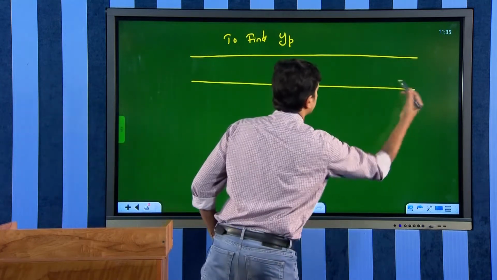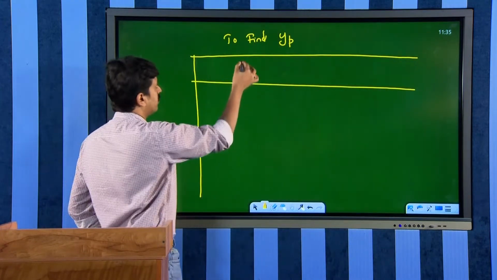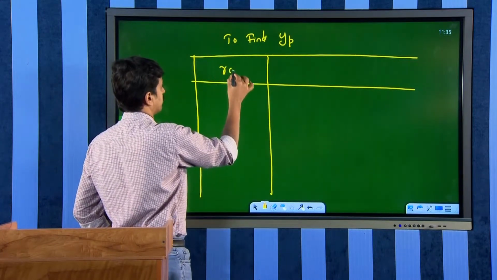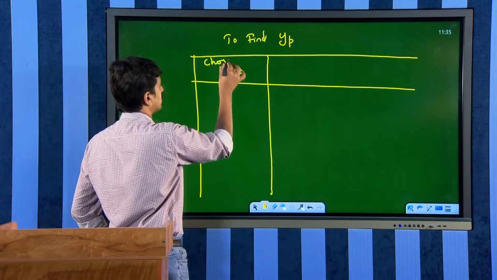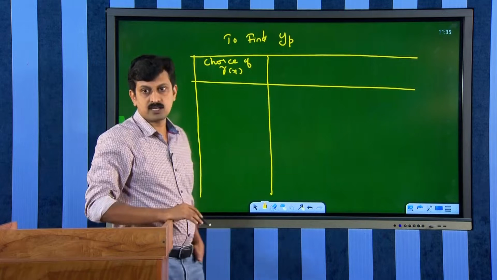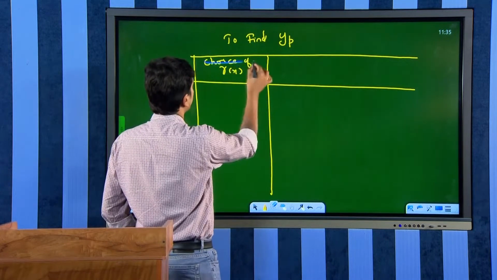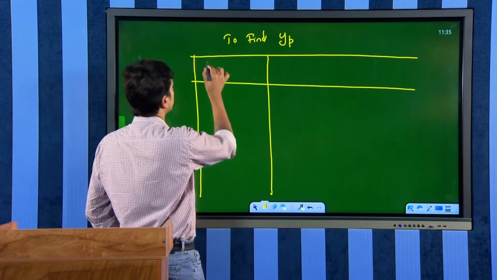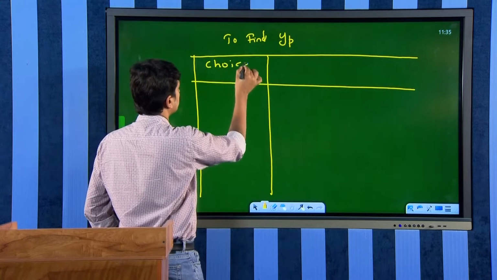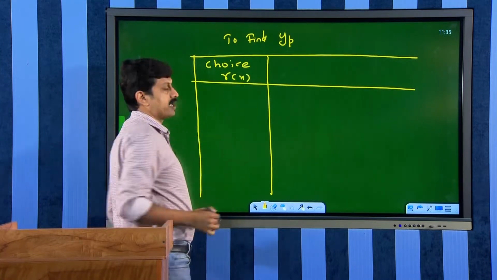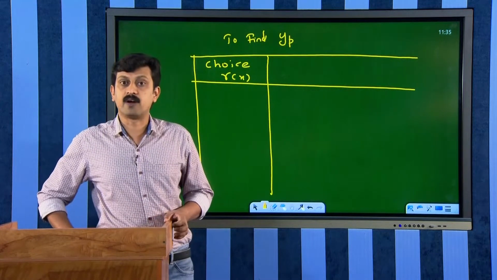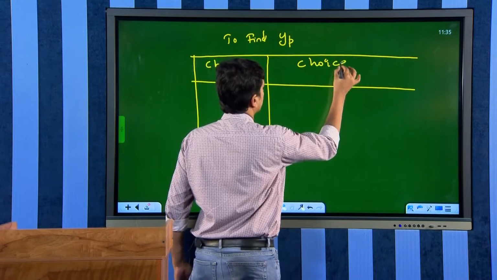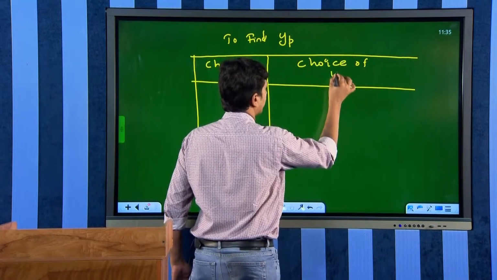This is the choice of the non-homogeneous part r of x, and then the choice of yp.